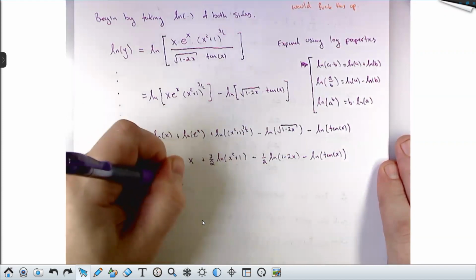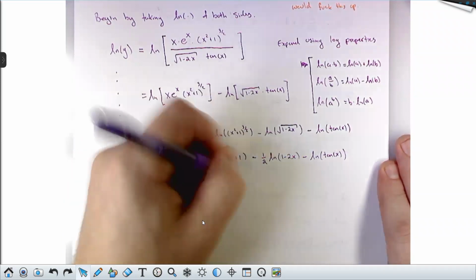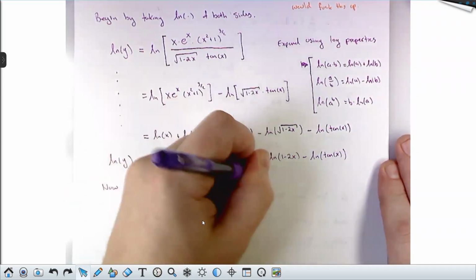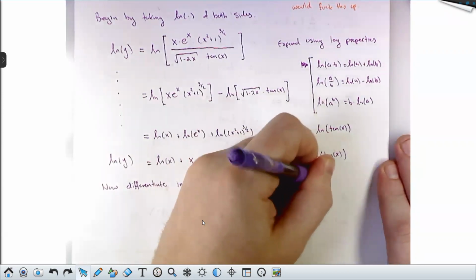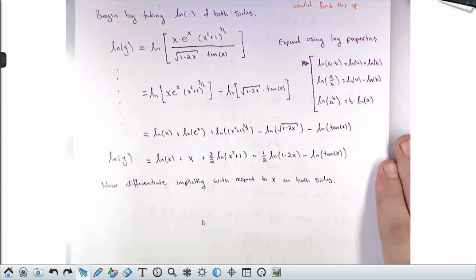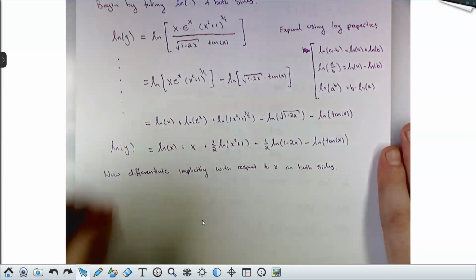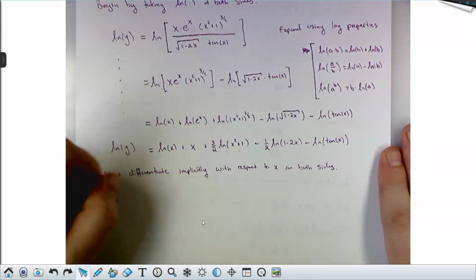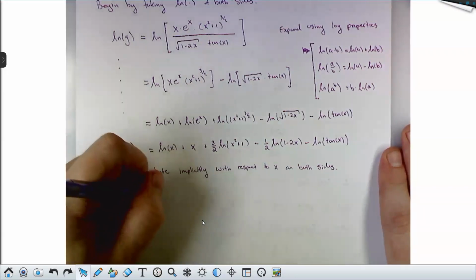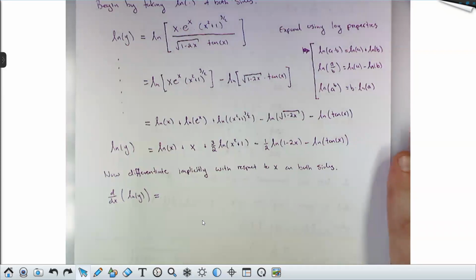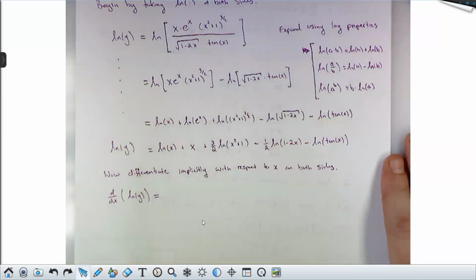I'm differentiating implicitly with respect to x on both sides. I'll just write it as d/dx of ln y on the left. And on the right-hand side, I'm going to go ahead and start taking derivatives. So I have d/dx of all this stuff.